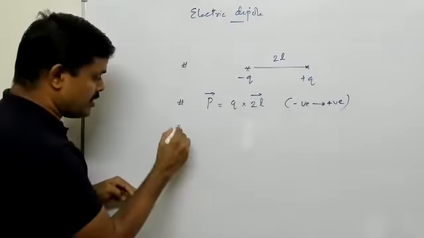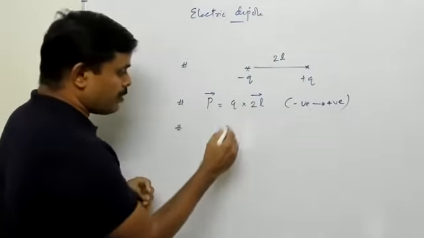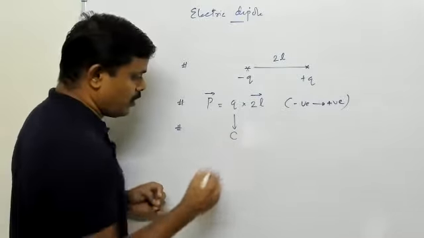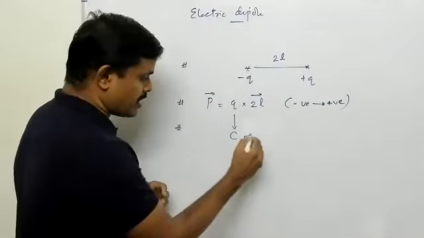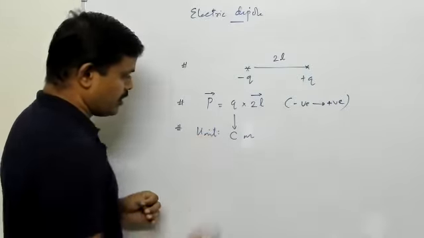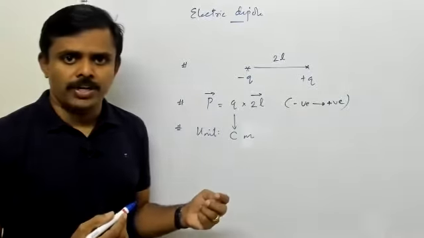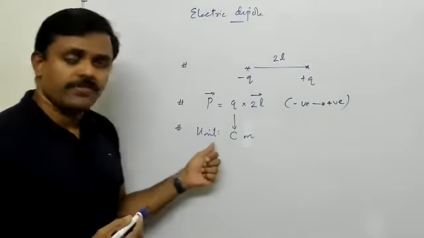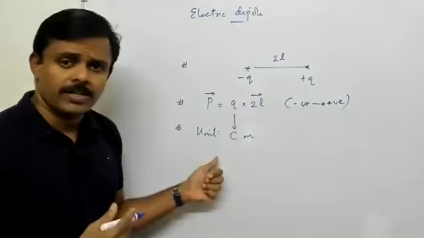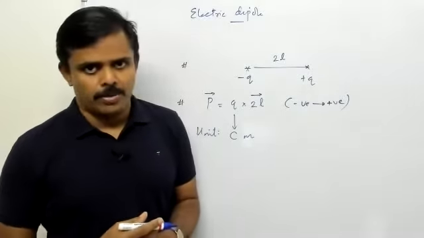And the third point is, what is the unit of dipole moment? Charge's unit is coulomb, distance is measured in meter, so the unit is coulomb-meter, or sometimes in chemistry you use debye for the unit of dipole moment. Anyway, in physics we don't use this quite often. Instead, we have coulomb-meter as the unit of dipole moment.